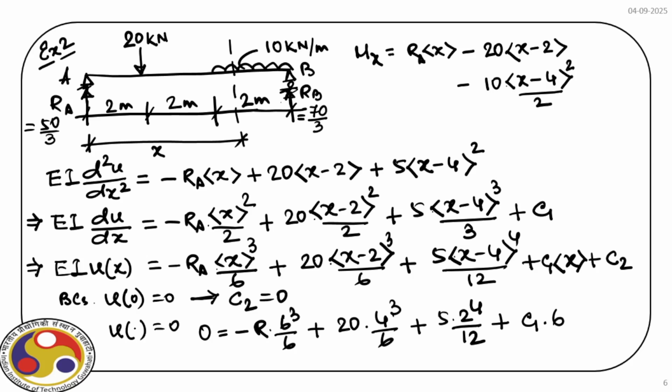So L here is 6. Okay, so here we can simplify this.